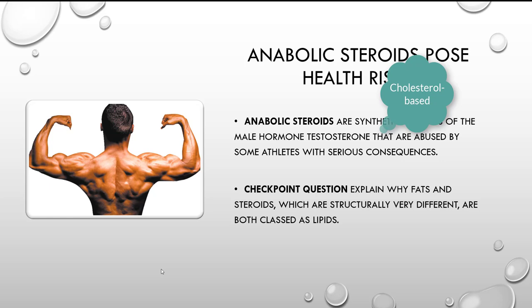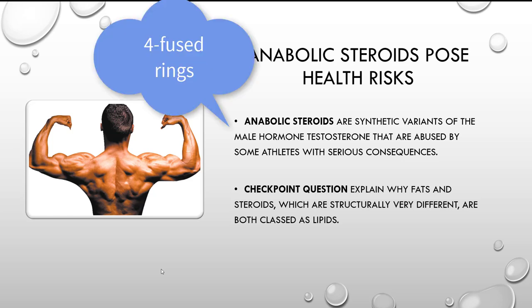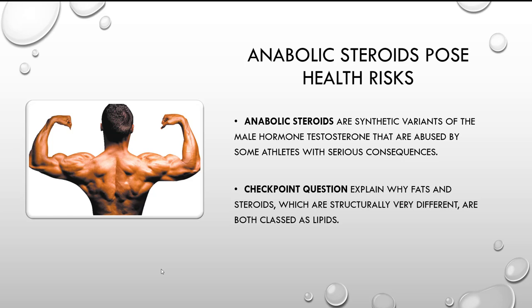So that is a lipid based structure. If you recall, the testosterone and estradiol had those rings. So steroids have those ring structures. We, of course, as humans, produce testosterone. Males, of course, produce more testosterone than females.